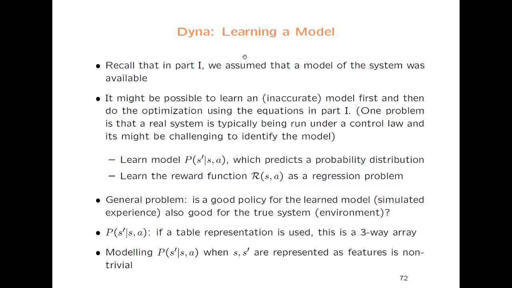But of course, system identification has a lot of problems on its own, because, for example, if your system works under some control, which it often does, you don't want to break your system, then you're also only exploring maybe a small part of the state space, and your model might not be reliable everywhere. But the idea is to learn a model for P of S prime given S and A, which predicts the probability distribution, and learn the reward function as a regression problem.